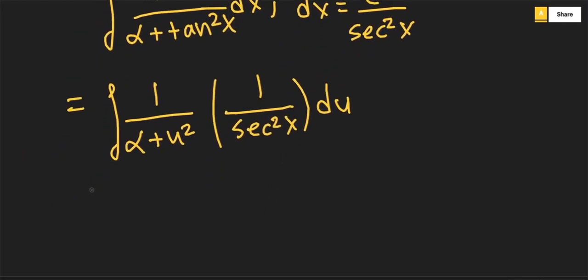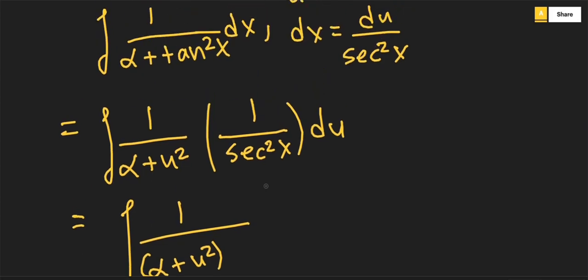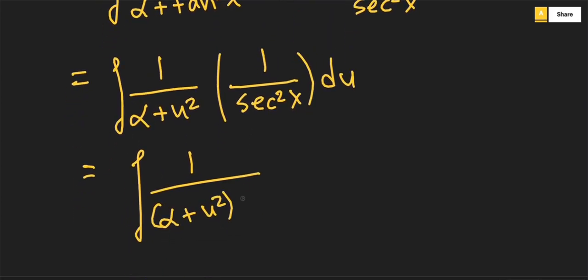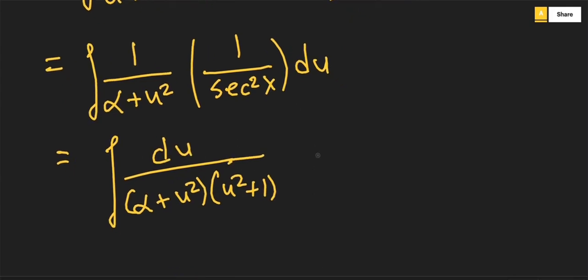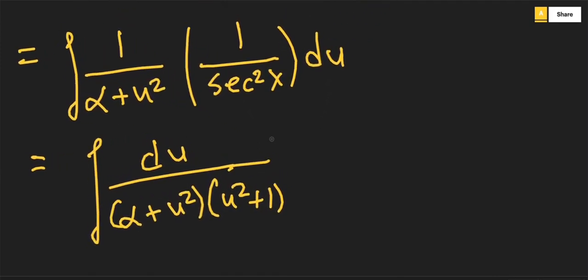So this will be equal to the integral of 1 by alpha plus u square, and then tan square x plus 1, since tan x is u, is u square plus 1 with respect to u.